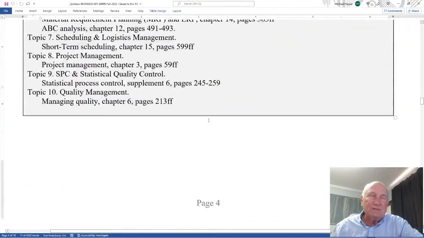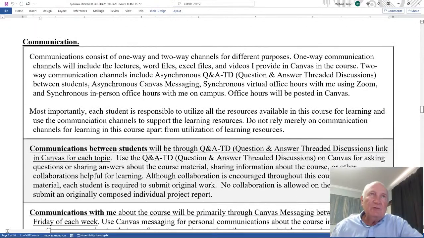Back to the syllabus, let's go on. Communications are very important. It's been a problem in the past, so let me explain how I will have communications in this course. Communications consist of one-way and two-way channels for different purposes. One-way communication will include lectures, Word files, Excel files, and videos I provide in Canvas in the course.